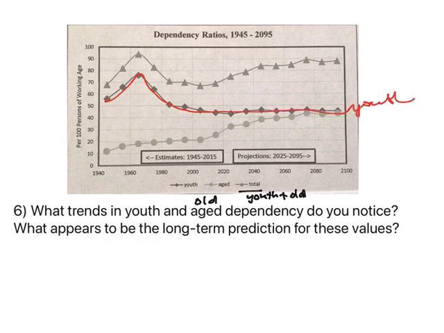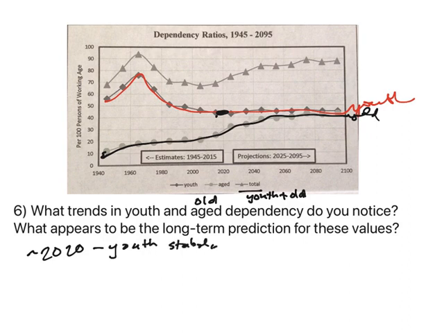And the black here is old. So, what do we notice? Well, the youth is stabilizing, starting in about 2020-ish. Around 2020, the youth stabilizes, stays pretty consistent.